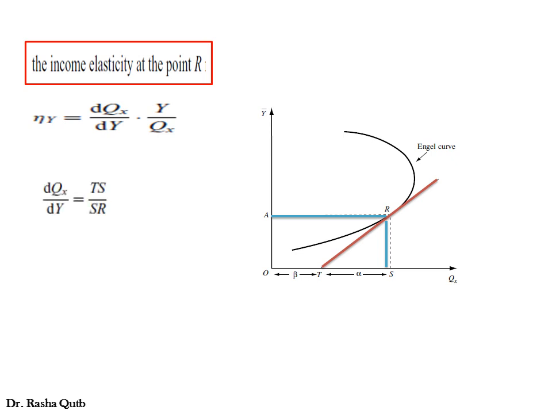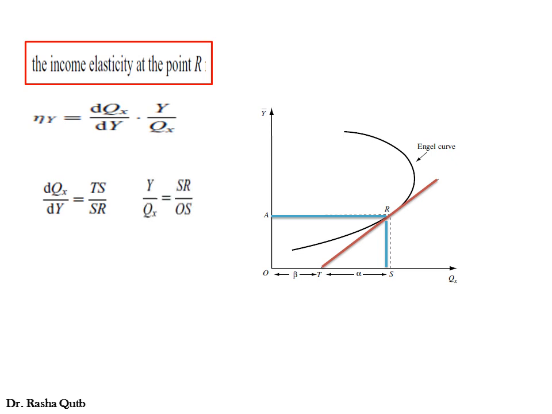The first part of income elasticity of demand, which is the change in quantity of X over the change in income, could be written as follows. The change in quantity demanded for X is the distance TS, and the change in income, as we said before, is OA, which equals RS.